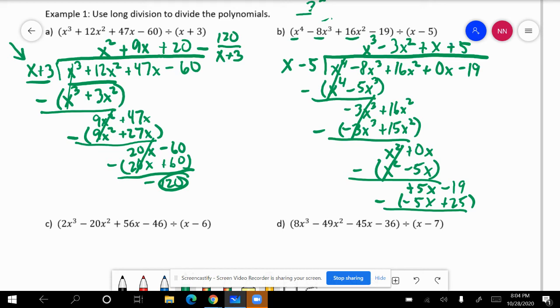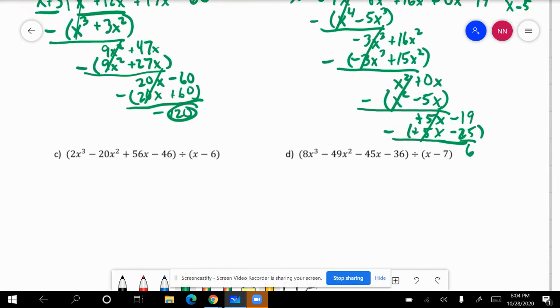So this is a positive, and this is a positive, and this is a negative. Sorry about that. A negative and negative make a positive. That's a positive 25. These cancel, and what we get is 6. So that would be plus 6 over x minus 5.